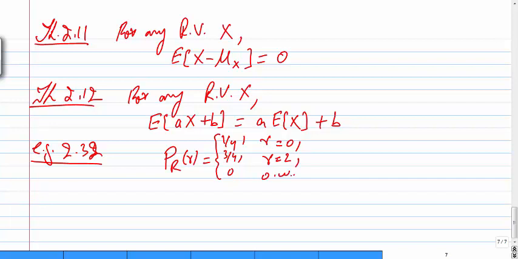And the expected value of R is also given to us, that is equal to 3/2.